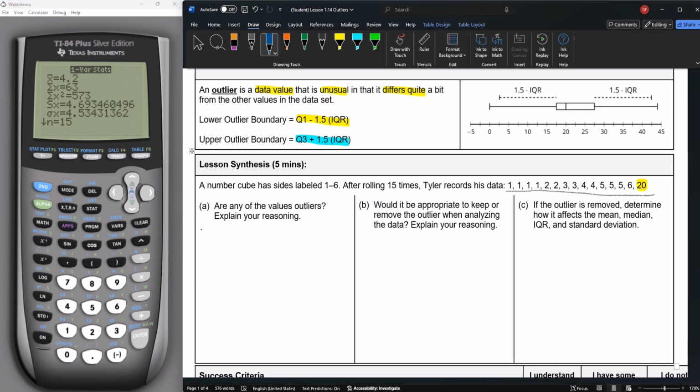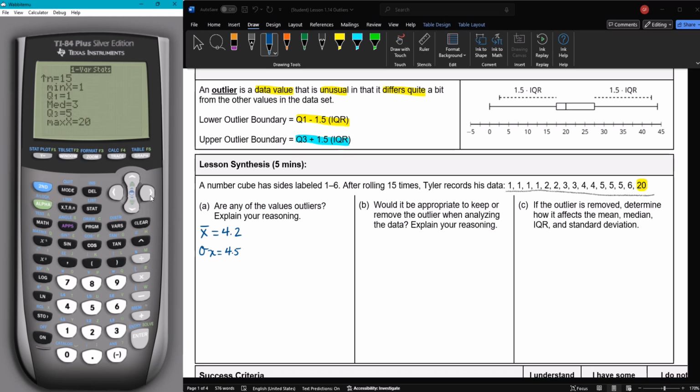So what this means is that you want to find your mean. In this case, our mean is 4.2. You want to find your standard deviation, which is the fifth number. So let's say it's about 4.5.